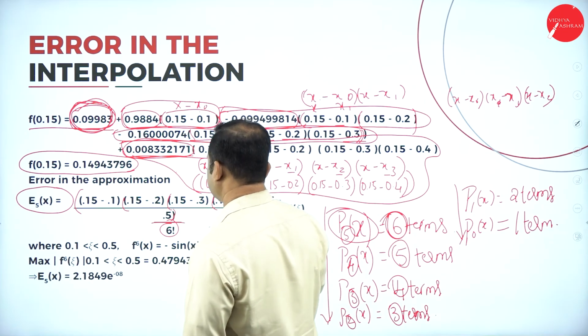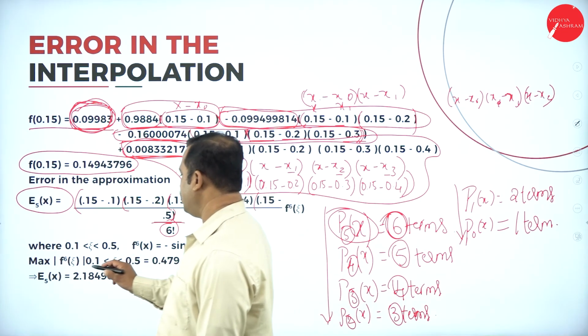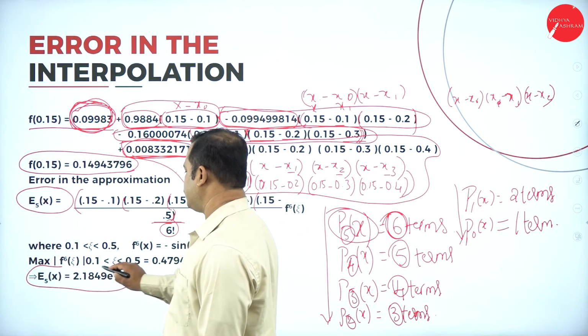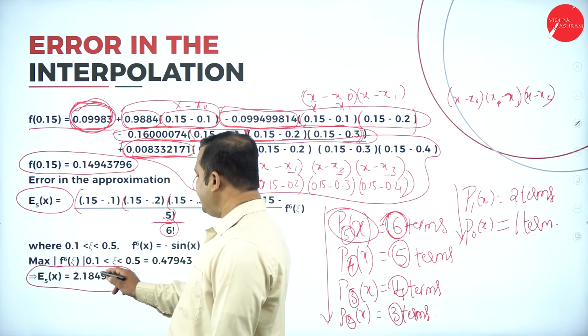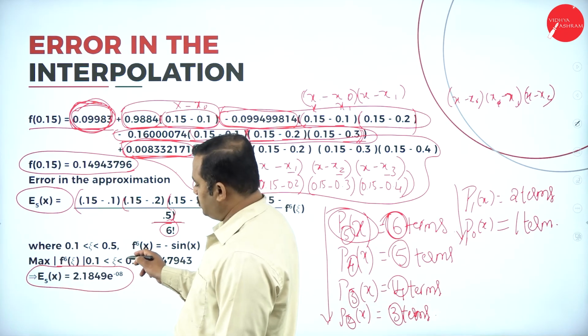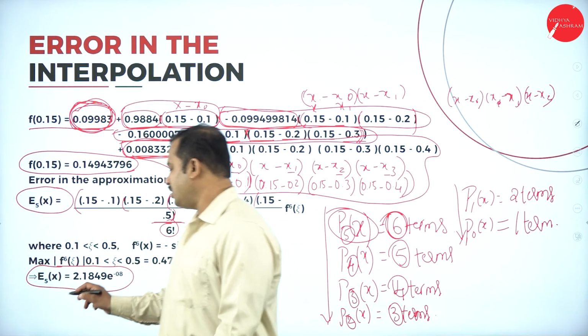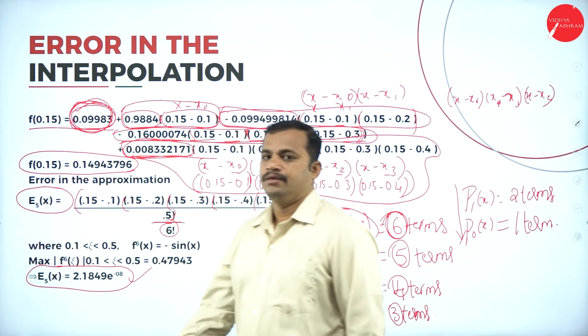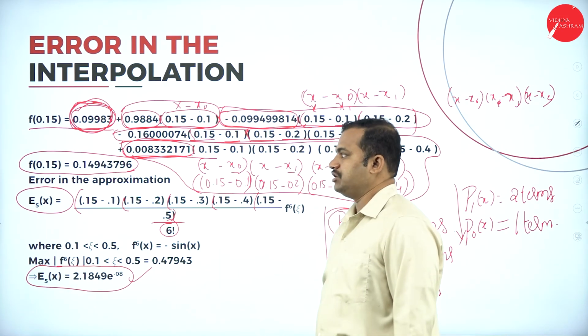The value I am going to get for the error E5 after simplification is 2.1849 into e to the power of minus 0.8.